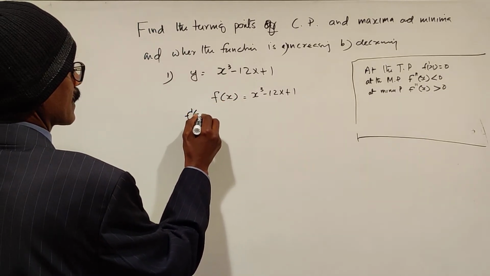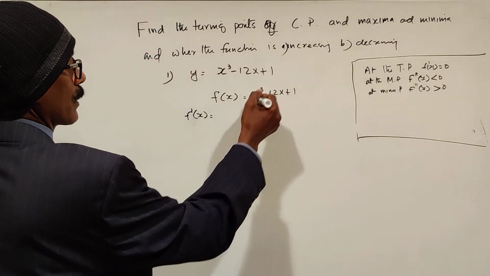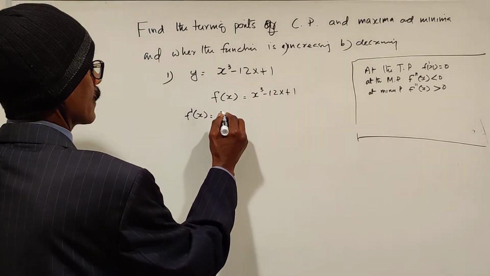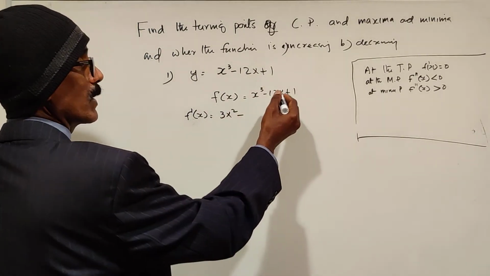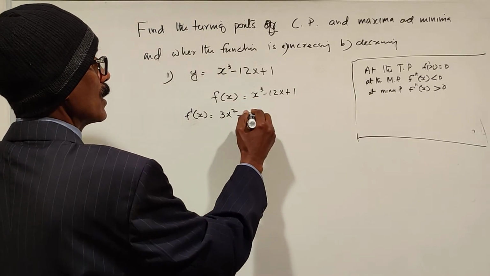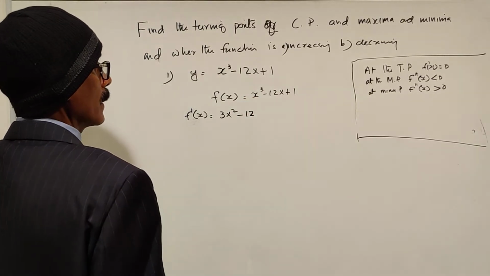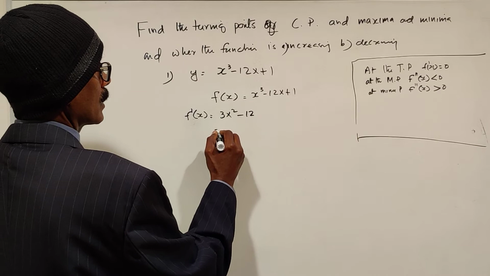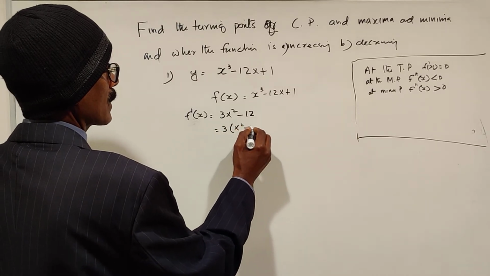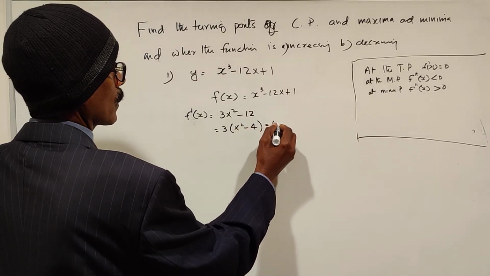First, f dash x equals, what is the derivative of x cube? 3x square minus, what is the derivative of 12x? 12, right? So take out 3 as a common factor: 3 times (x square minus 4) equals 0.